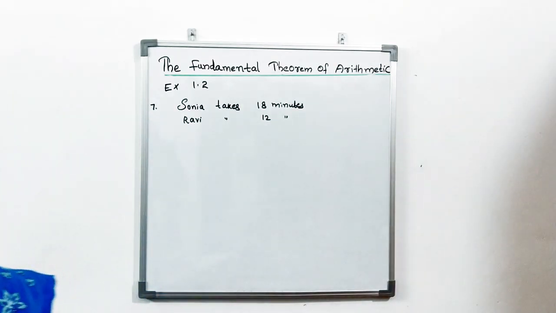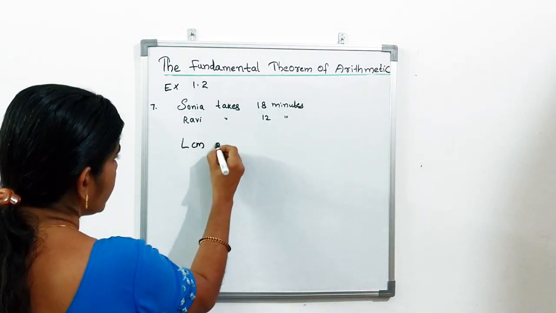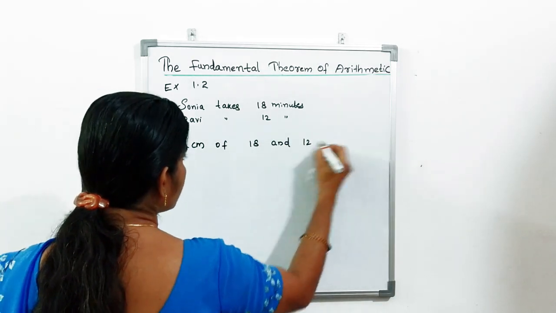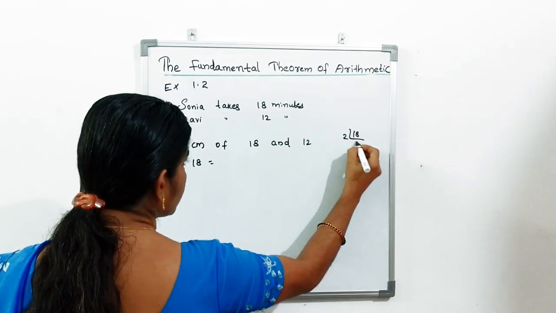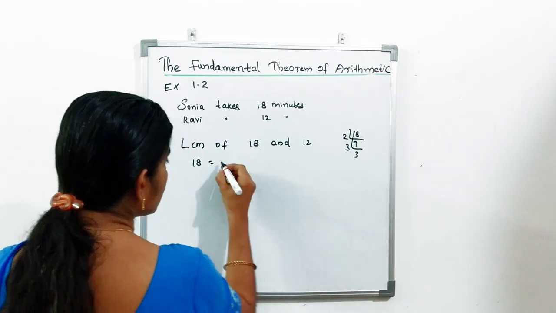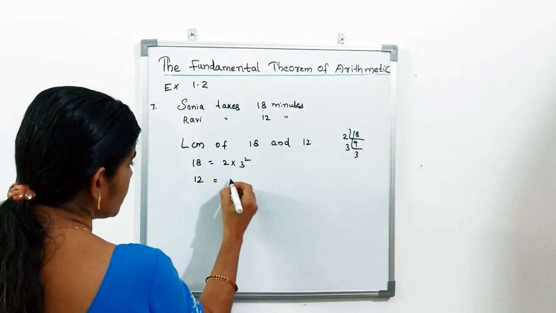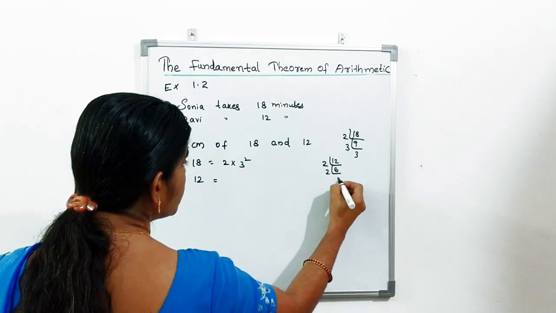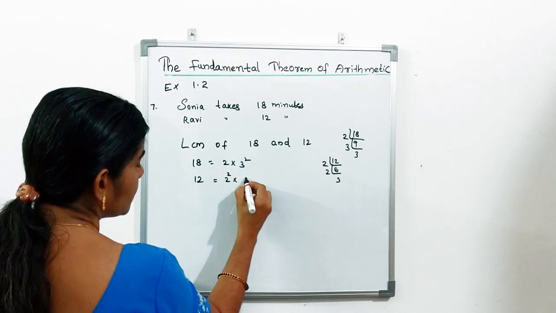Thus, you want to find the LCM of 18 and 12. We already know that 18 is equal to 2 into 3 square, and 12 is equal to 2 square into 3.